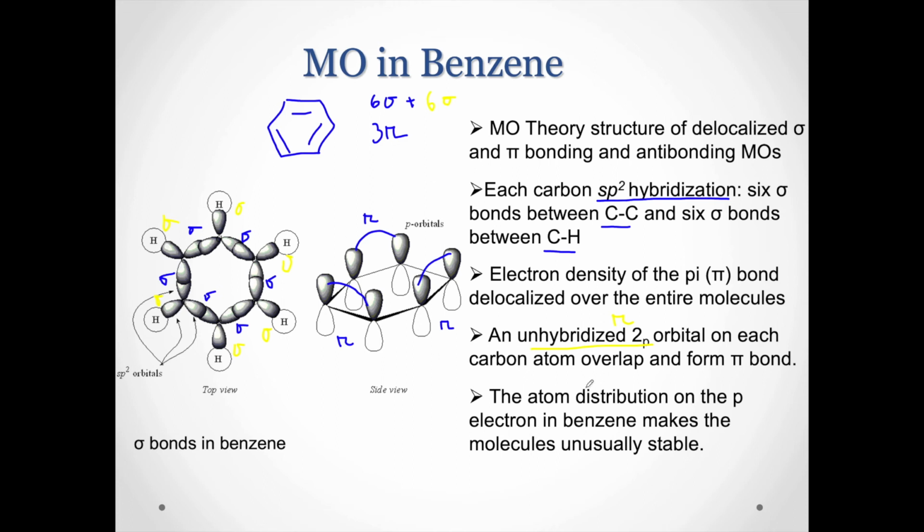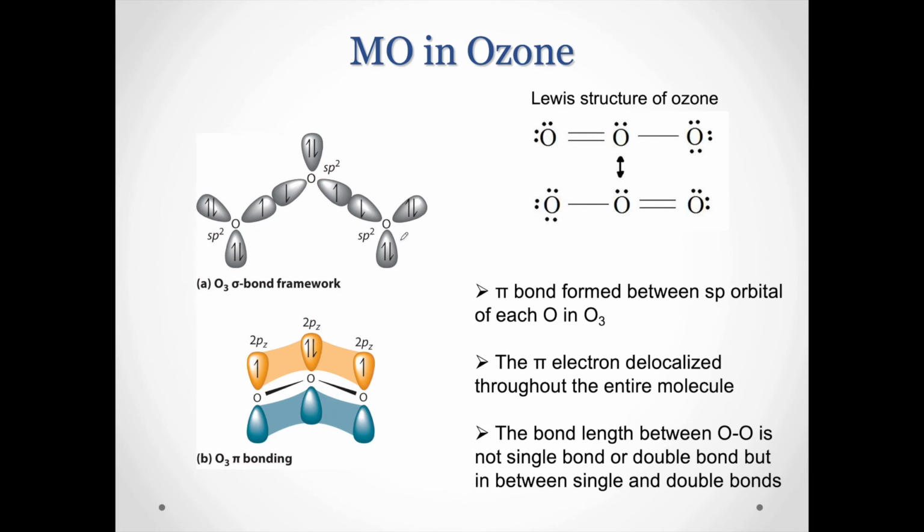Because of this distribution of the p electrons, benzene is one of the molecules that is unusually stable, because of the sigma and also the delocalized pi orbitals.